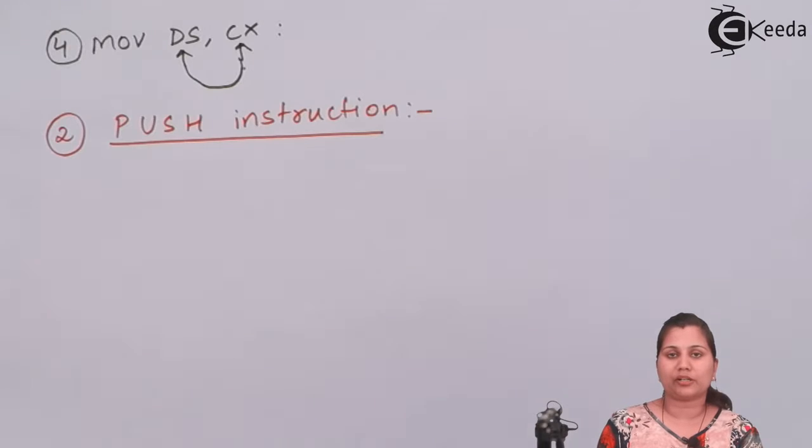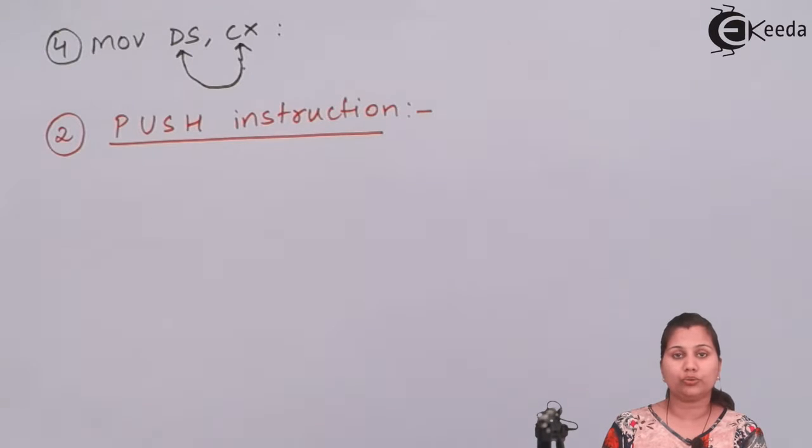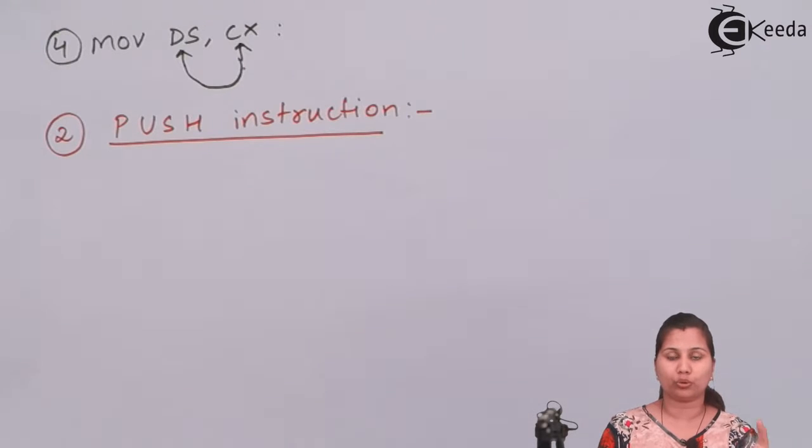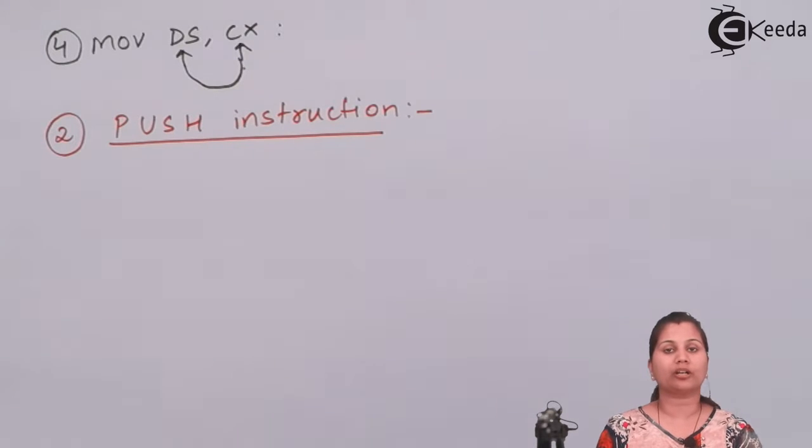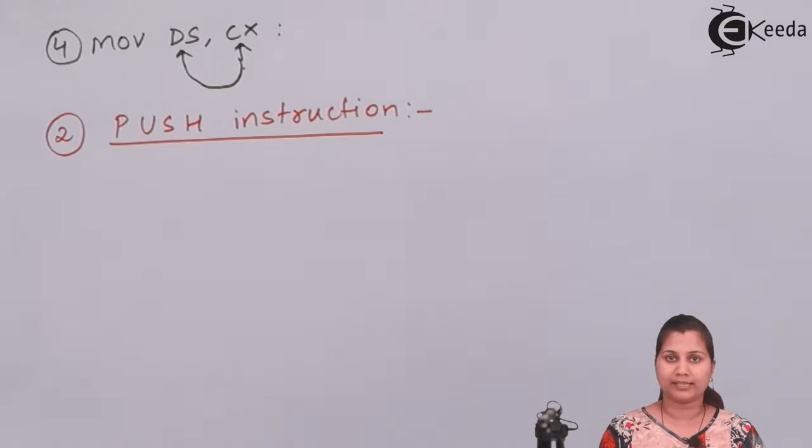Push and pop instructions, these two instructions are used to store or retrieve the data from the stack. Whenever we want to use the stack to store some temporary data, then we use the push instruction to store the data and the pop instruction to retrieve the data from the stack.